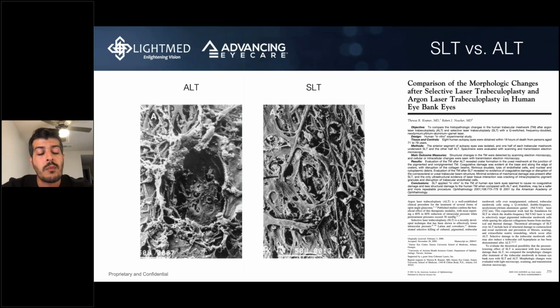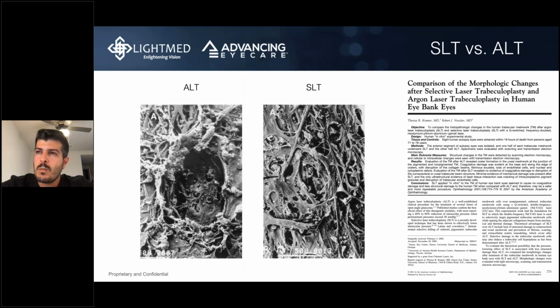Remember, I said you're going to get more response from SLT if you're not on an eye drop. But that does not mean that you should necessarily take the eye drop away, because guess what? The pressure is going to go even higher, and you might get more effect from your SLT, but you then still have to supplement it with an eye drop anyway. So in that particular situation, again, not knowing anything else about the case, I would probably keep the drop and just supplement with SLT.